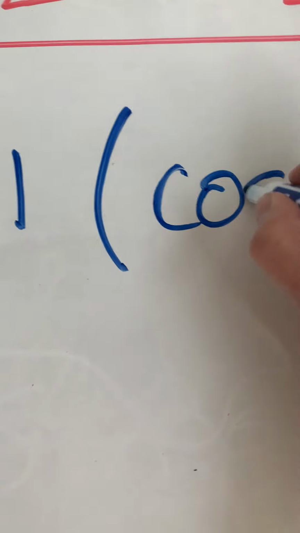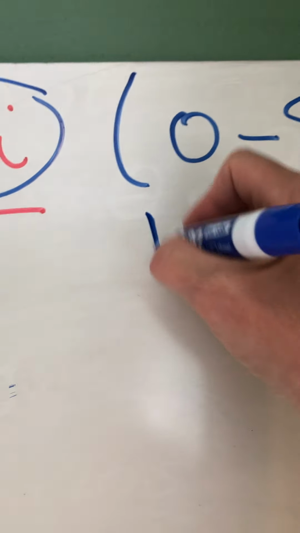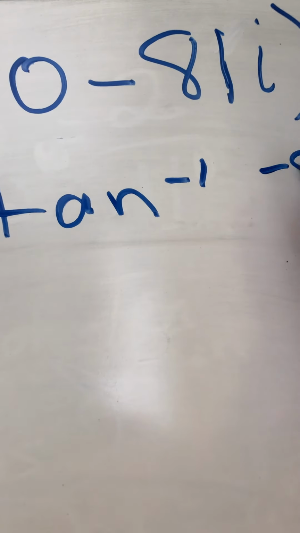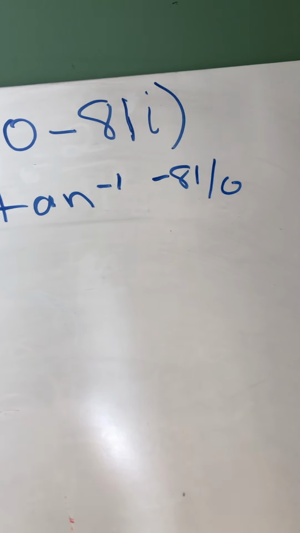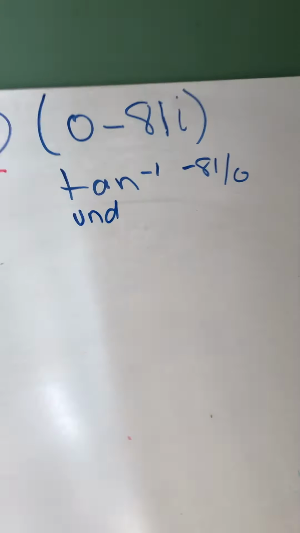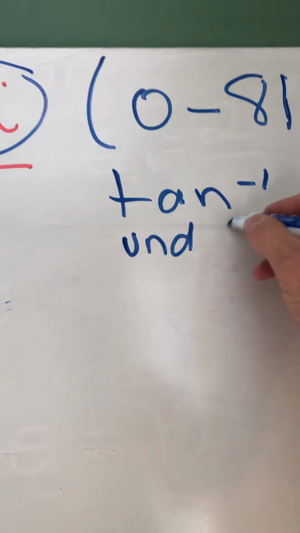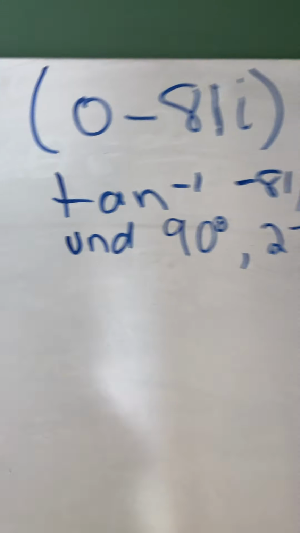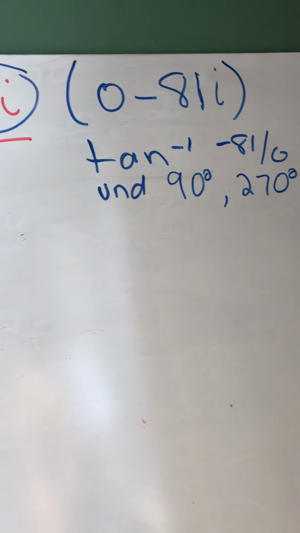Let's get our angle. Our angle would be inverse tangent of -81 over 0. Notice that's undefined. Now, where is tangent undefined? That happens at either 90 degrees or at 270 on your unit circle. So which one is it? Well, let's take a look.